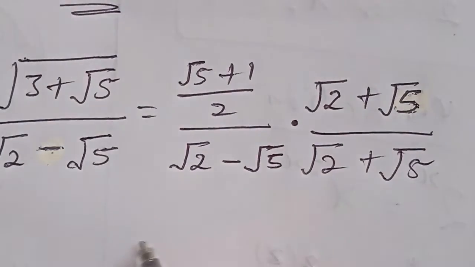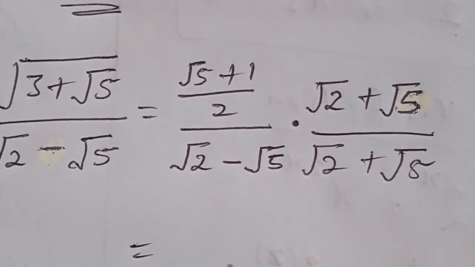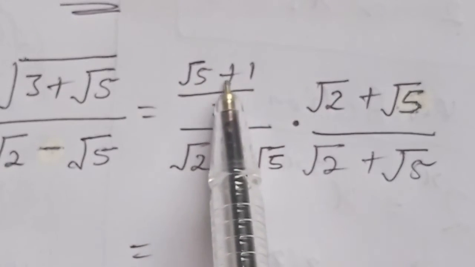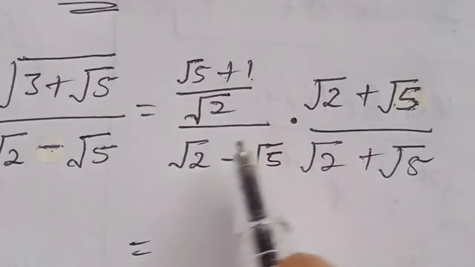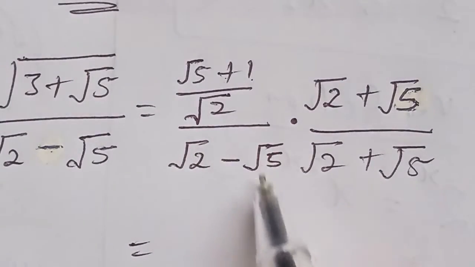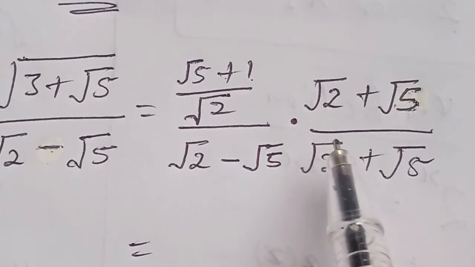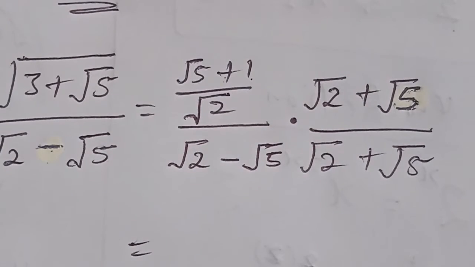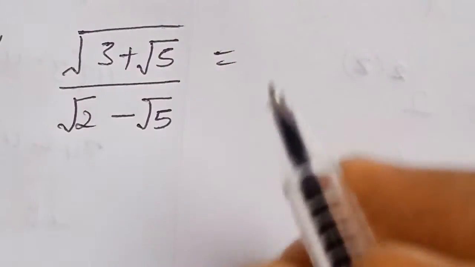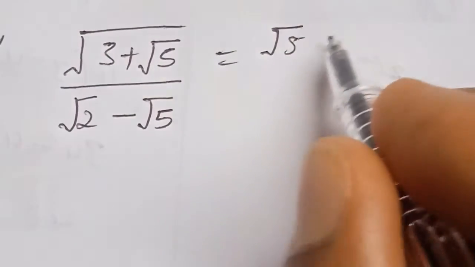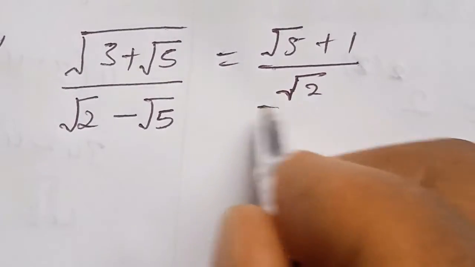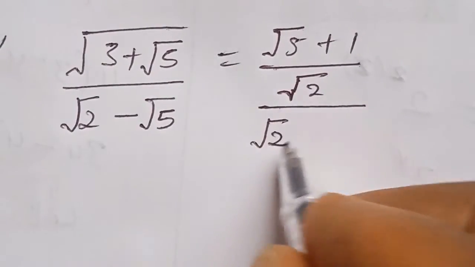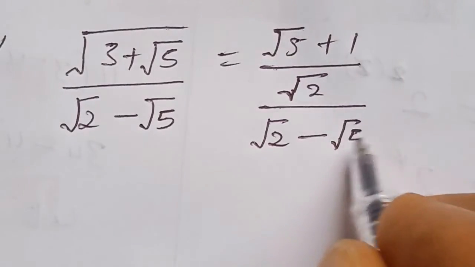So we rationalize this, then we have square root of 5 plus 1 over square root of 2, over square root of 2 minus square root of 5. So from our earlier expression, we simplify this as square root of 5 plus 1 over square root of 2, then over square root of 2 minus square root of 5.